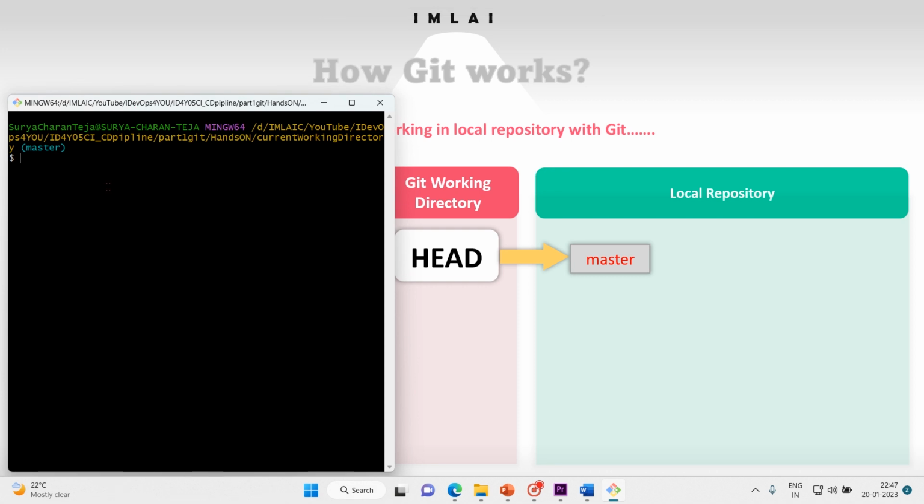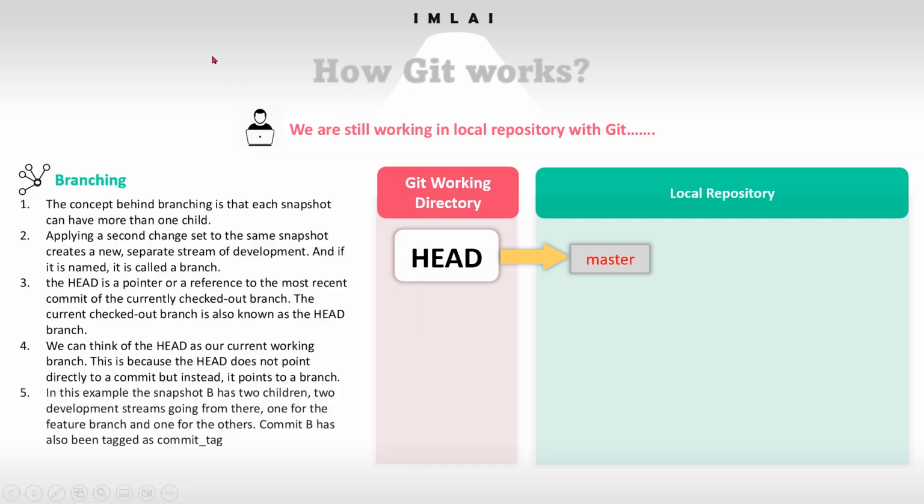If you have a doubt, let me read it. It's .git, and inside that I have HEAD. See the reference, it's master, so we are referencing the master branch only.